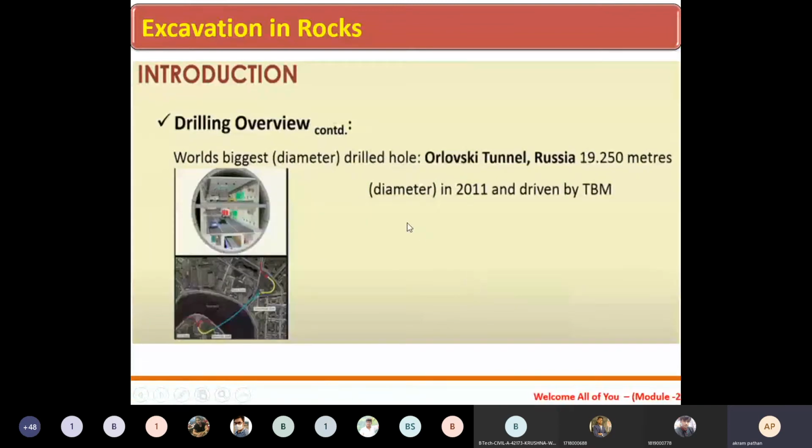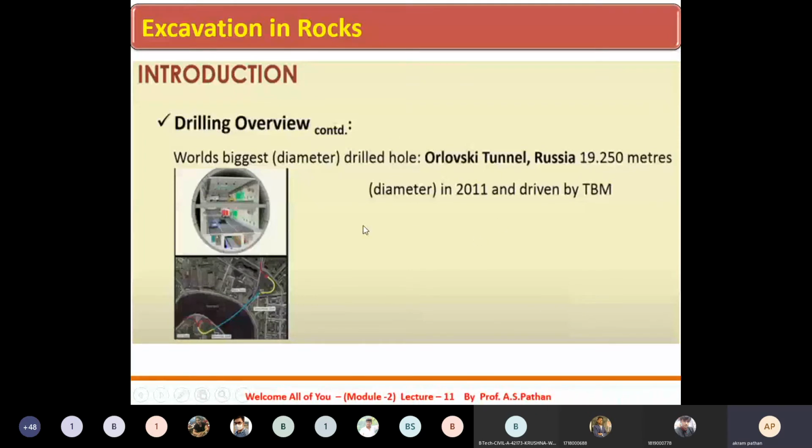Then another borehole I would like to share with all of you, that is the world's largest diameter drill hole, the Orlovsky tunnel in Russia. This is the world's biggest diameter tunnel, 19.25 meters in diameter, constructed in 2011, and it is driven by a tunnel boring machine, TBM machine.